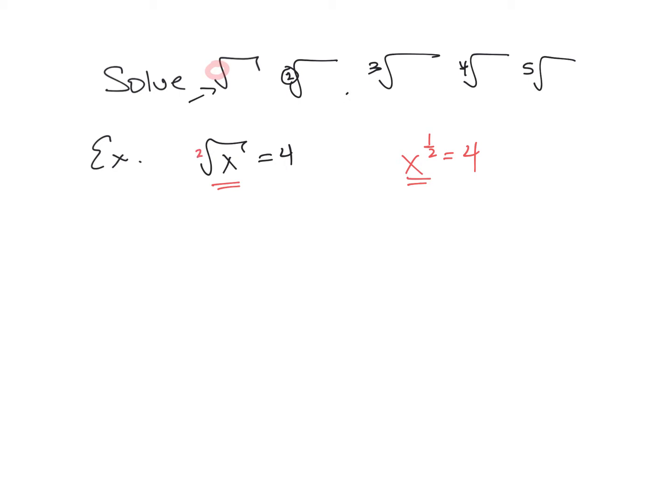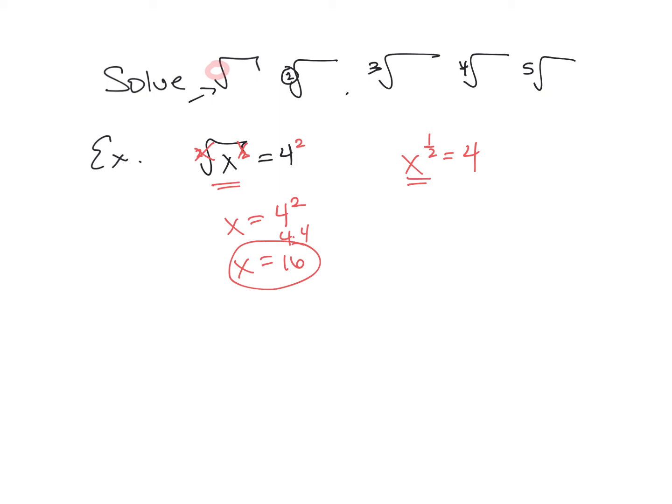So if I take this to the power of 2, I have to take this to the power of 2 on this side as well. These things cancel out, so I get x equals 4 to the power of 2. So x equals 4 to the power of 2 is 4 times 4, which is 16.